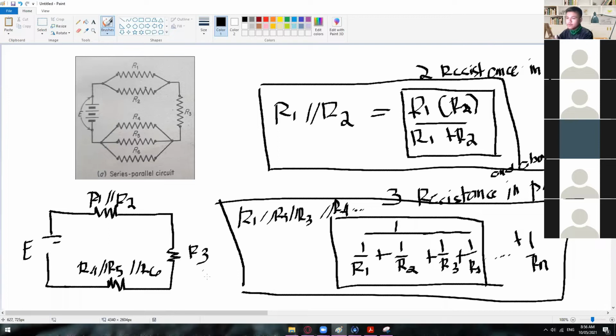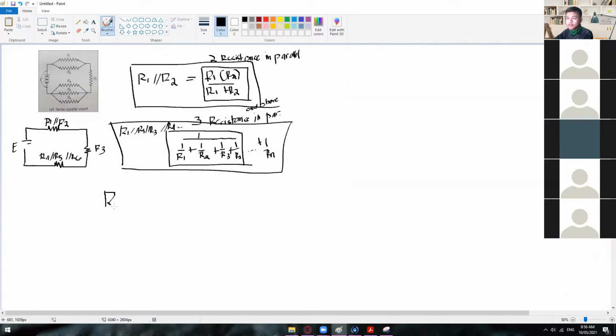Okay? So, for you to be able to get the R total, R total is equal to R1 in parallel with R2 plus R3, which is this one, plus R4 in parallel with R5 in parallel with R6. Oops, ano yun?